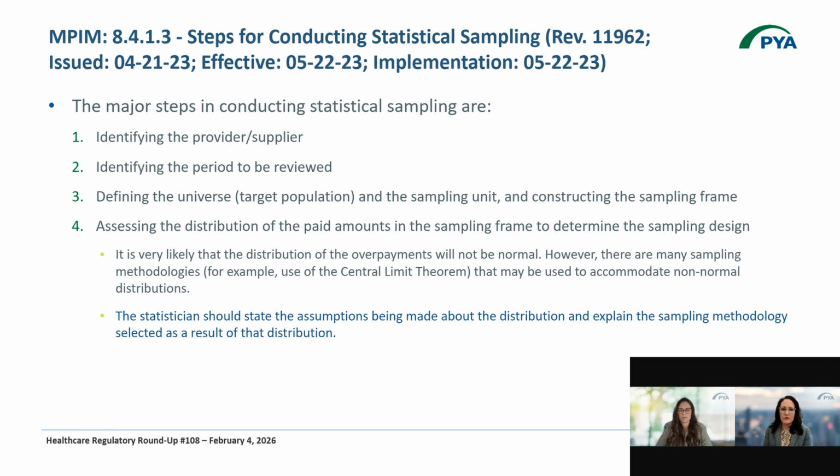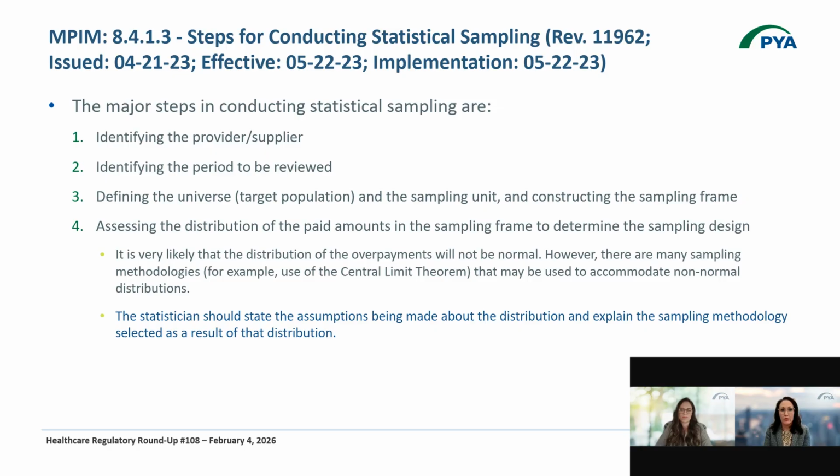Defining that universe, you're saying exactly what that target population is. Defining the sampling unit, that may be a claim line, that may be a claim, that may be a patient. That could be a whole other unit. So we have to define that, because that is then how you sample. So if you have 100 claims, but you only have 10 patients, then you only have 10 patients to sample from.